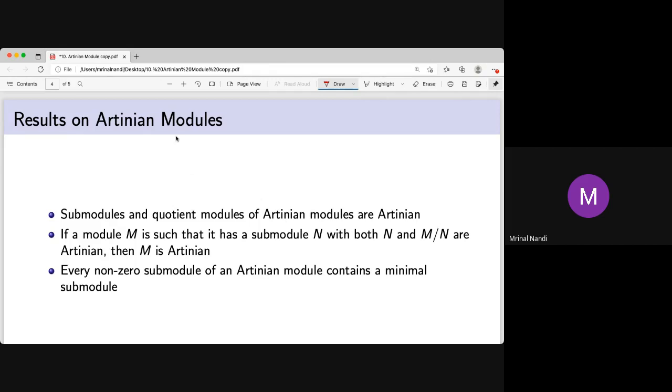Let M be an Artinian module and N a submodule of it, not only just a subset, but a submodule of M. Now take a family of submodules of N. This is also a family of submodules of M, because N is itself a submodule of M. So this family has a minimal element, because it is a family of submodules of M also. So that's why N is Artinian.